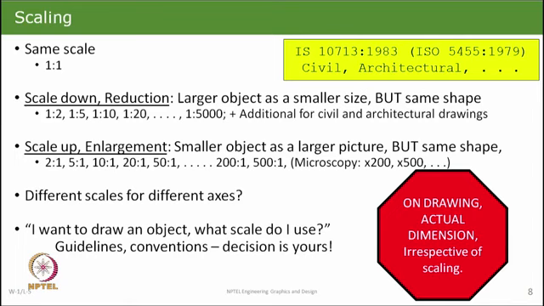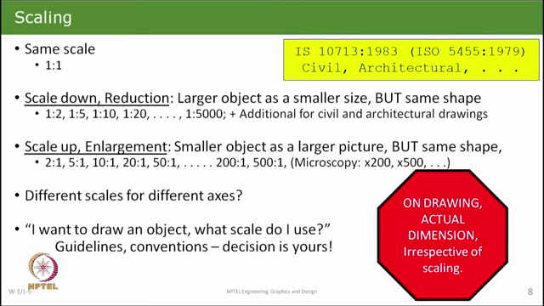An important thing about dimension of scaling is that when we make a drawing, it may be scaled up, it may be scaled down, but the dimensions that we show on the drawing will always be the actual dimensions, not the scaled down dimensions.